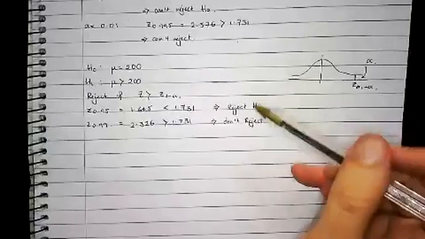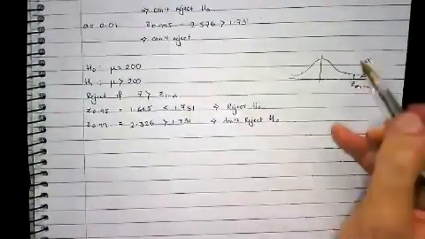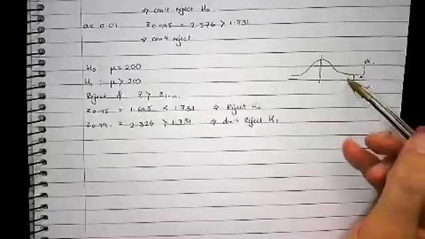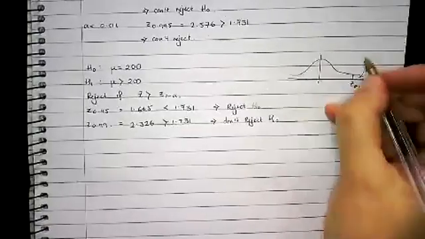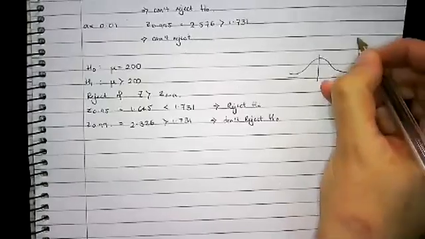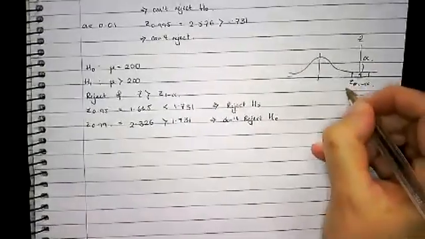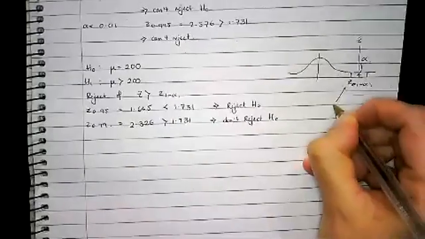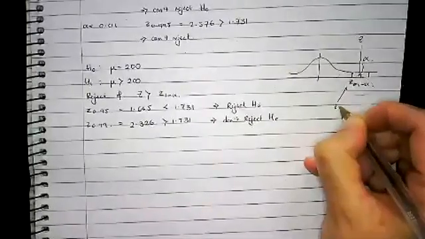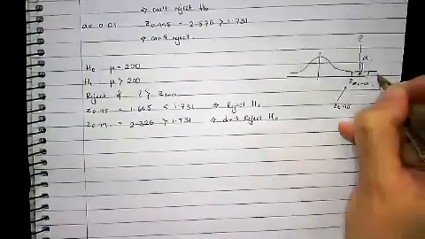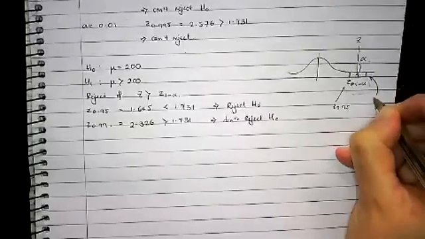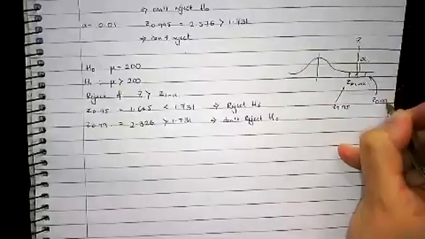Now, the thinking behind this is that if you think about where Z is going to be in each case, if I have a Z that's here, for example, like in exactly the case I've been given, it's between Z 0.95 and Z 0.99.